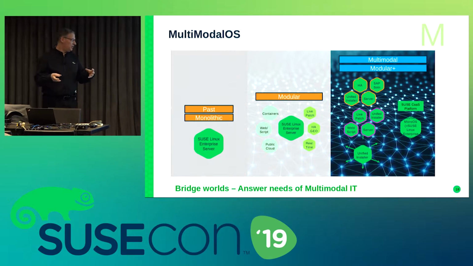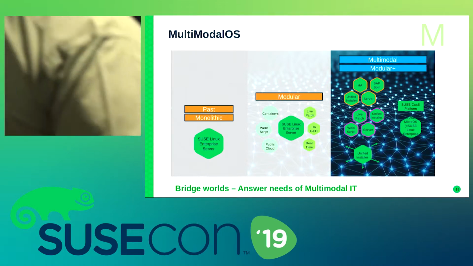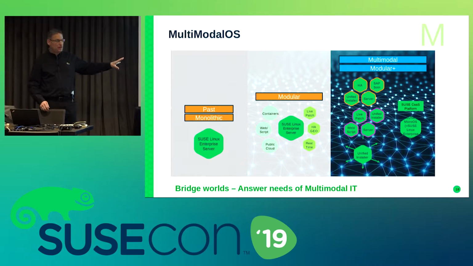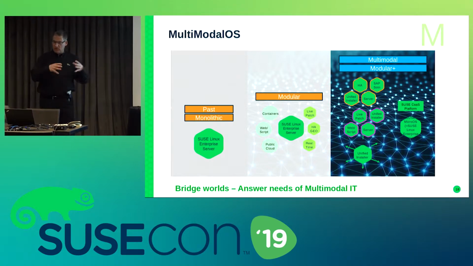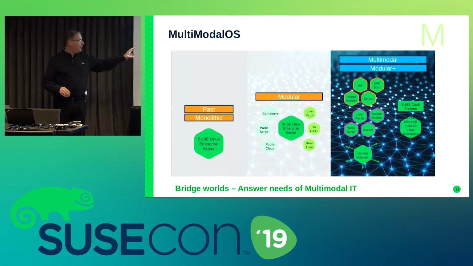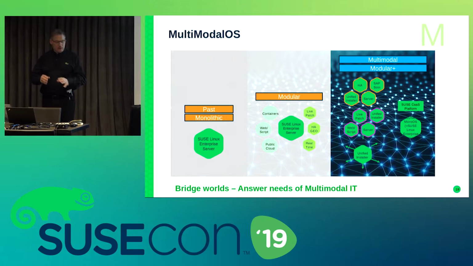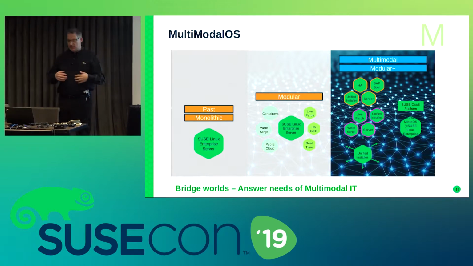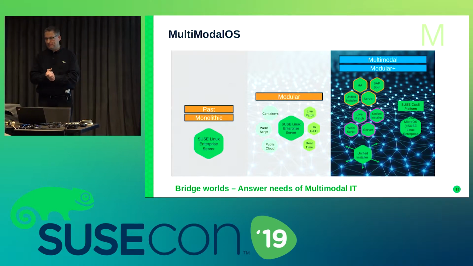So we are bridging the worlds with a multimodal OS, and we have developed from a monolithic operating system, which was SUSE Linux Enterprise 11, over a modular operating system that was more the 12, to a modular plus or multimodal OS in SUSE Linux Enterprise 15, where you also see that we include SUSE CaaS Platform here because it is based on SUSE Linux Enterprise Server technology as well.